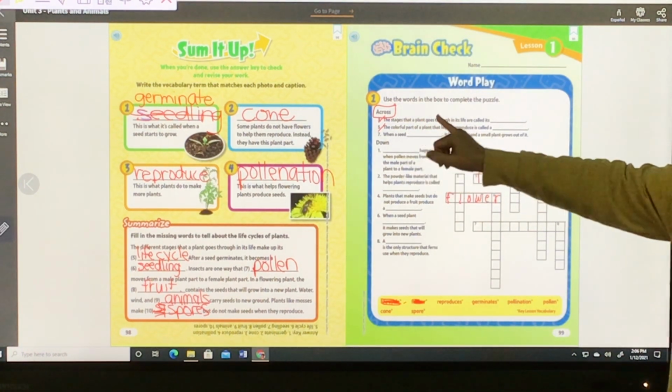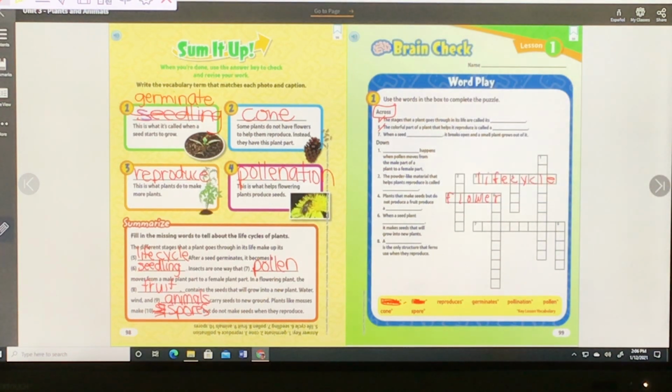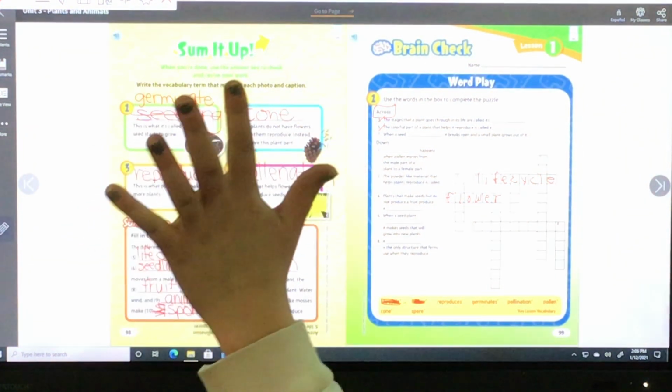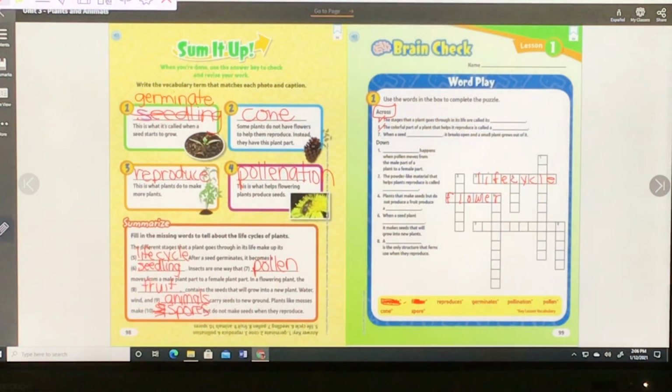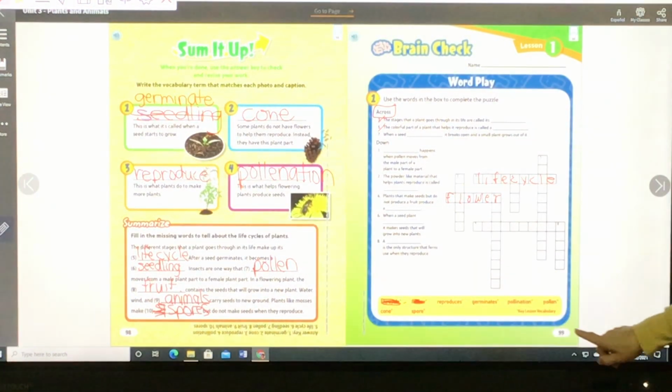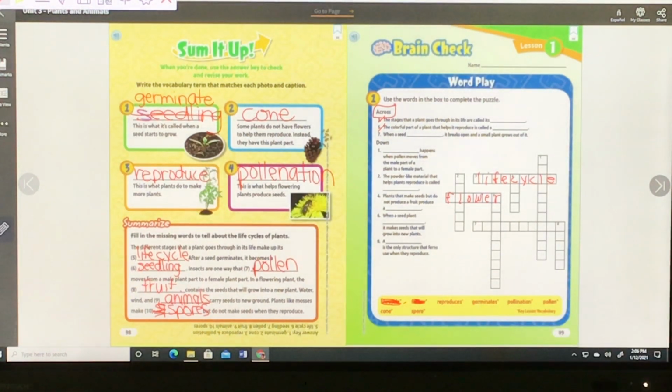When a seed, it breaks open and a small plant grows out of it. When a seed, what? Which one of these is it? What do you think, Connor?